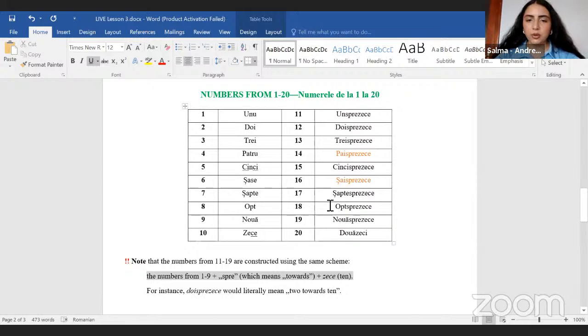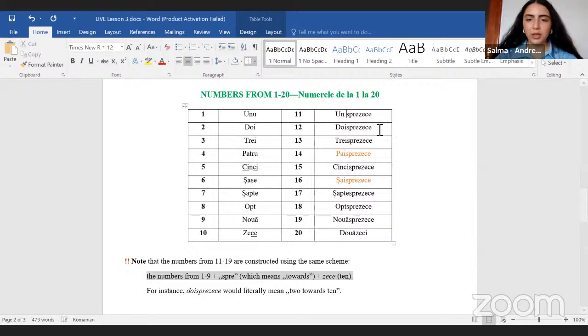Okay, so let's read the numbers from 11 to 20. 11, 12, 13, 14, 15, 16, 17, 18, 19, 20. Okay, so now let me break it down for you so you will be able to learn them a lot easier.